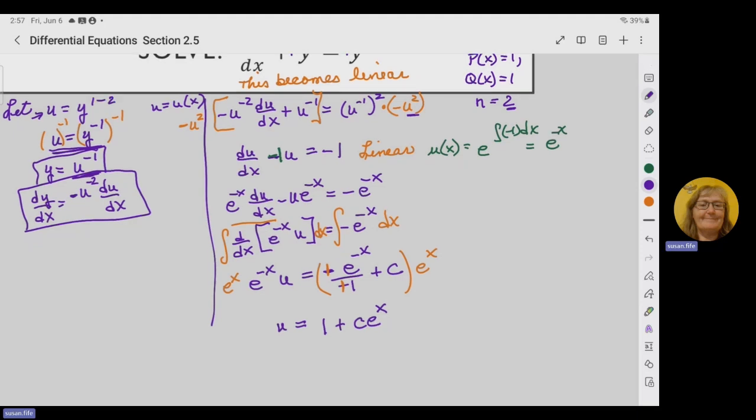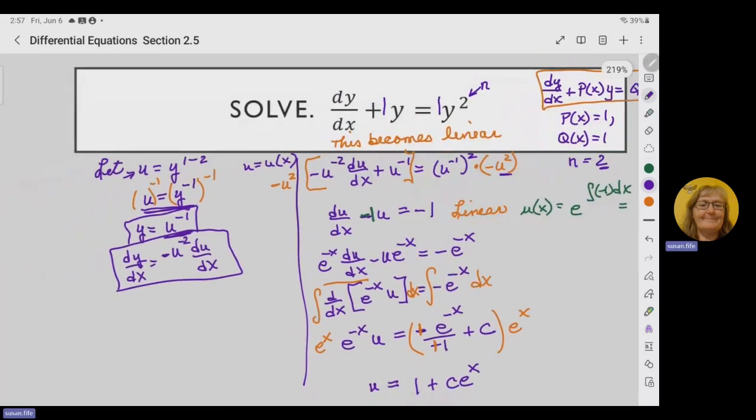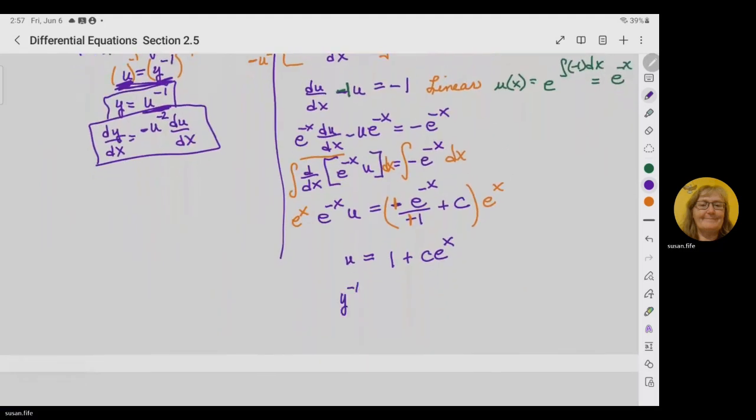I'm going to go back, and here's my u. U is y to the negative first. So I can get my answer in terms of x and y. So I get y to the negative first is 1 plus c e to the x.